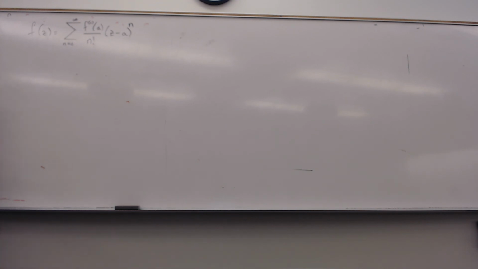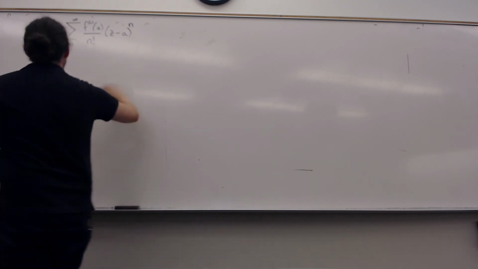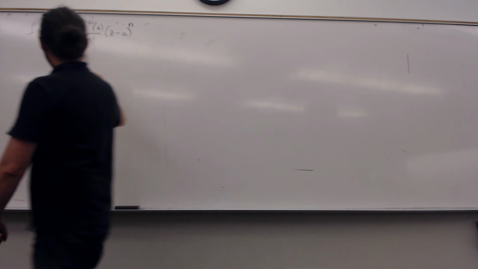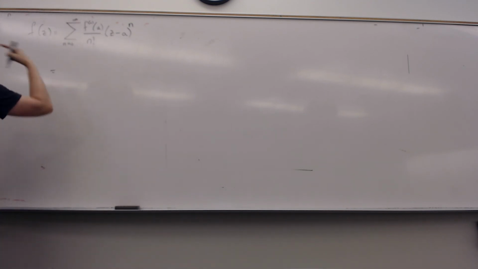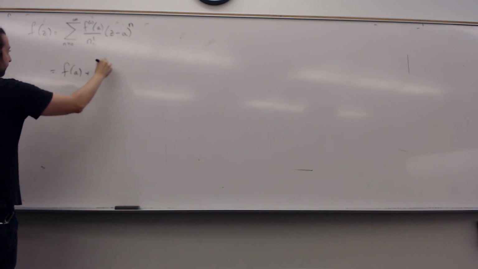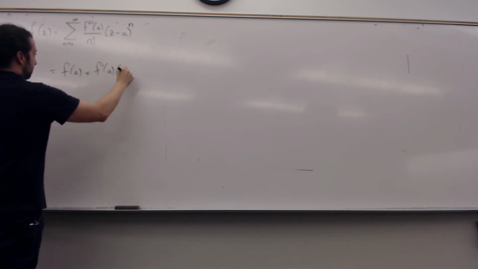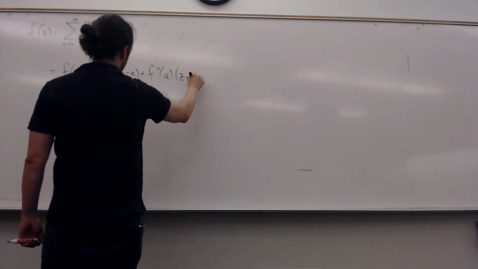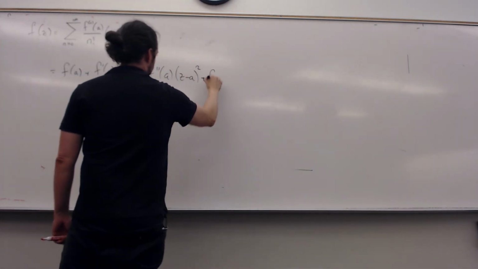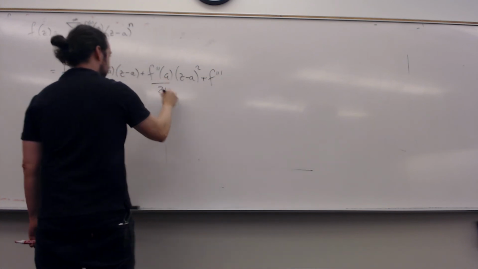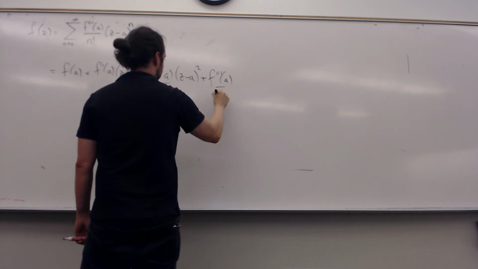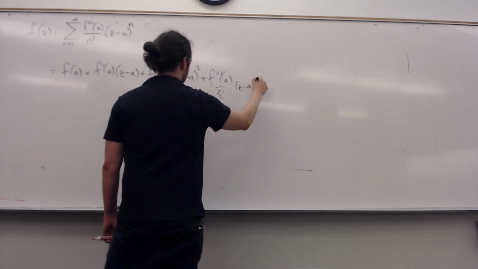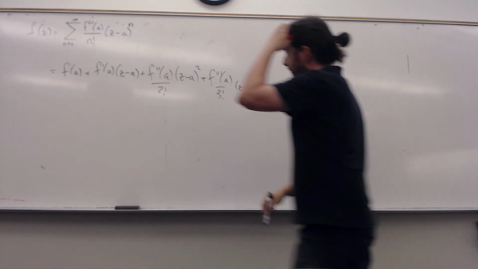This is kind of where we want to go with a Taylor series, right? So if a function is analytic, let's write this down real quick. This would be the same thing as saying f at a plus f prime at a times z minus a, plus f double prime at a over 2 factorial times z minus a squared, plus the third derivative at a over 3 factorial times z minus a to the third.